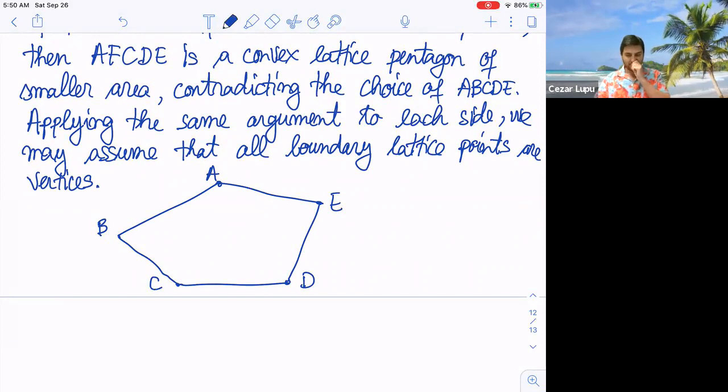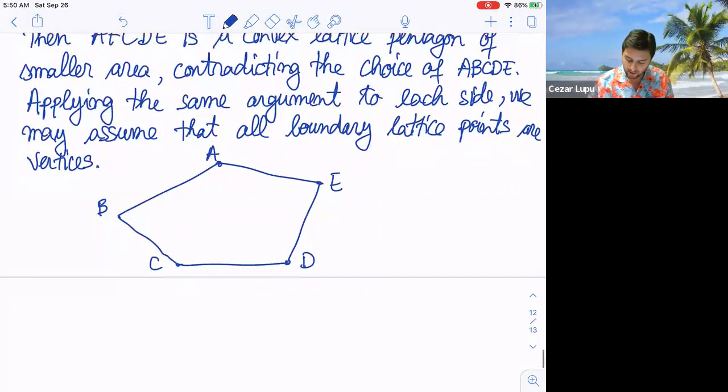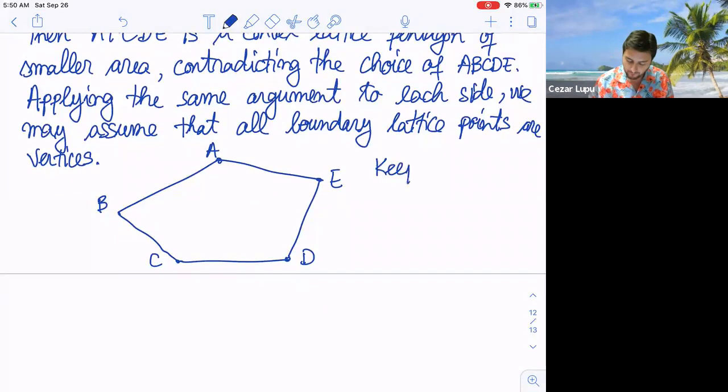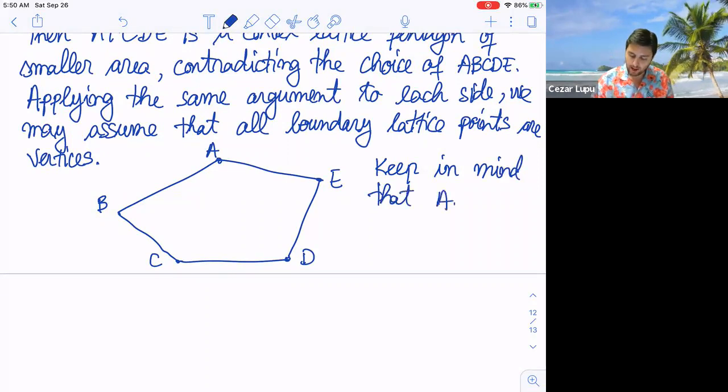And now, guess what? We will use the idea from the previous problem. So now we'd like to separate. Imagine I have 5 points of integer coordinates, all of them. So keep in mind that A, B, C, D, E, these 5 points are lattice points.